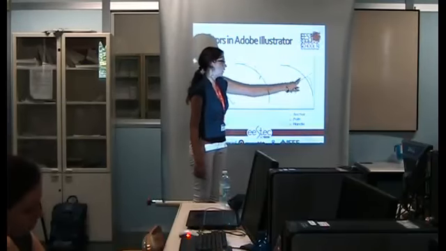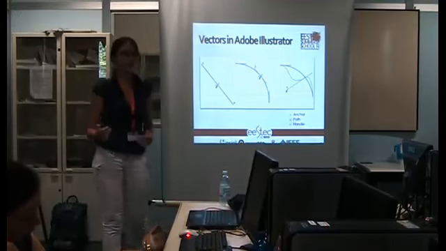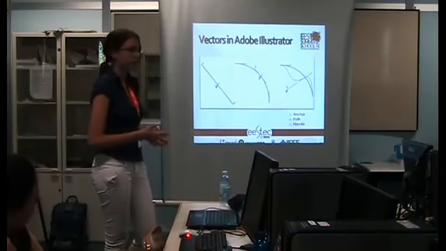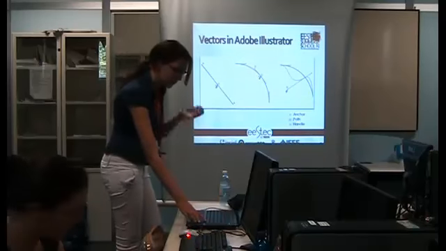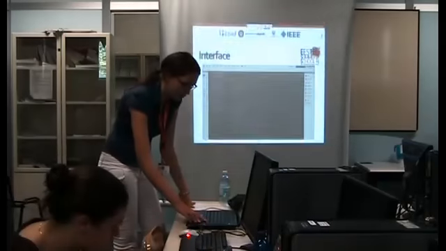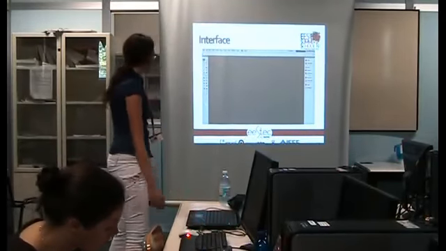So each time you make a modification, your path will always be tangential to the handles, and always will go through the anchors. Okay. And this is the pen tool, the little pen. So it's cool, we're going to see it. And this is the interface.